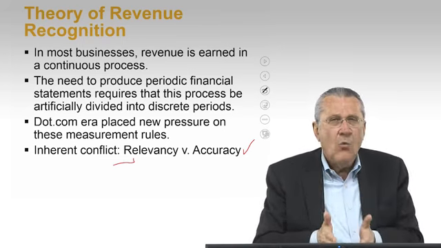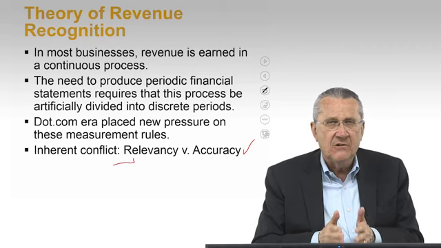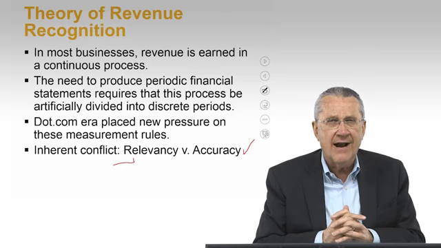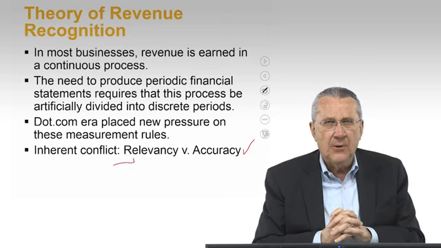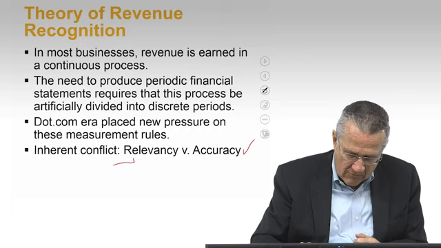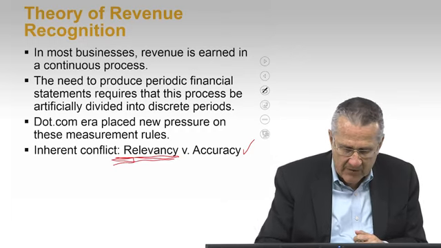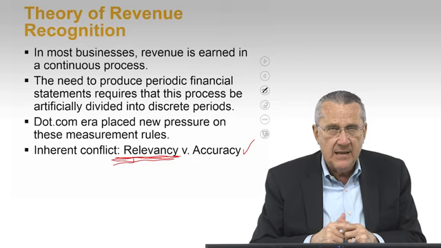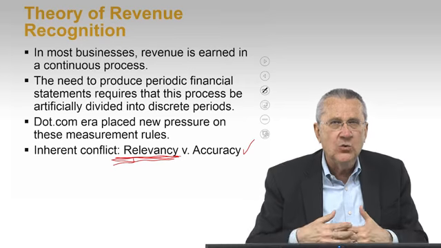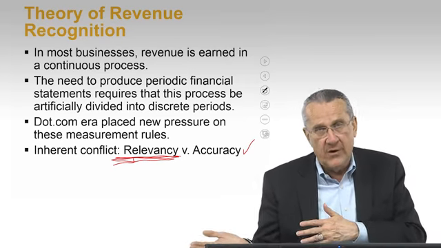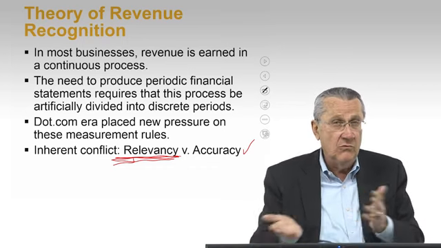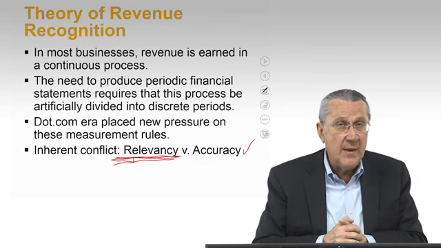And so what we have decided is that although it seems unusual, we will disregard our concern for penny-to-the-penny accuracy. The fact is that relevancy is really very important. And so we tend to recognize revenue before the warranty has expired. Indeed, we tend to recognize revenue long before we have been paid.